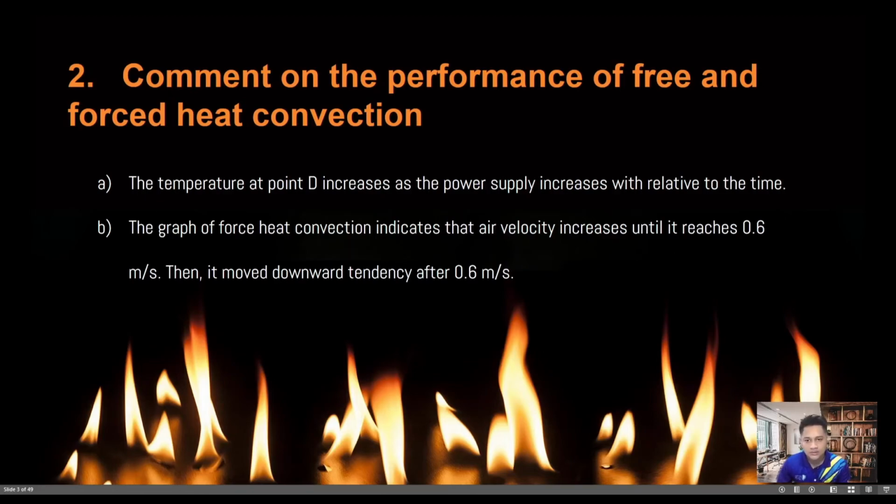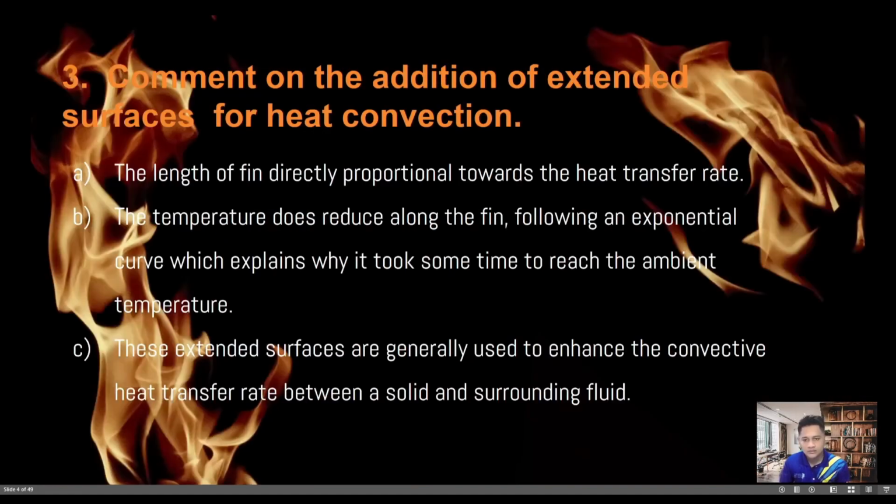From the graph obtained after the results, we can conclude that the temperature at point D increases as the power supply increases, relative to time. The graph of forced heat convection indicates that heat transfer increases with air velocity until it reaches 0.6 meters per second, then shows a downward tendency after 0.6 meters per second. For the last question, comment on the addition of an extended surface for heat convection.